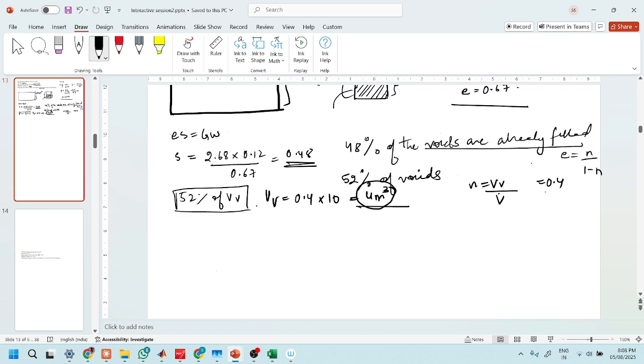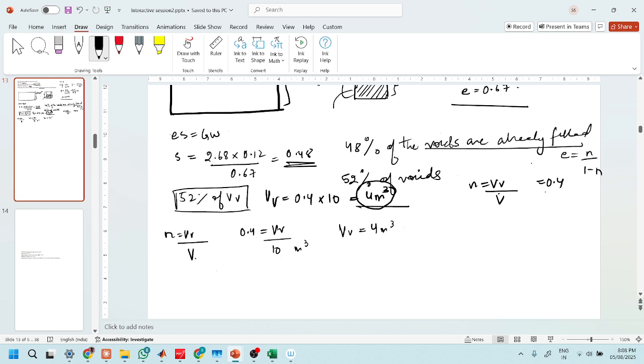There are more than 100 ways to solve this. But intuitively, we will have N is equal to volume of voids over total volume, 0.4 equals volume of voids over 10 meter cube. So volume of voids equals 4 meter cube.